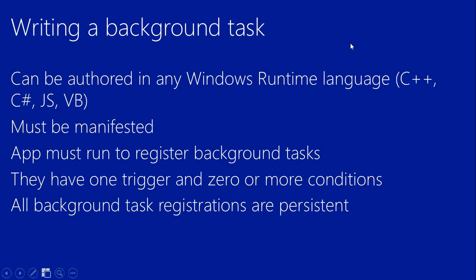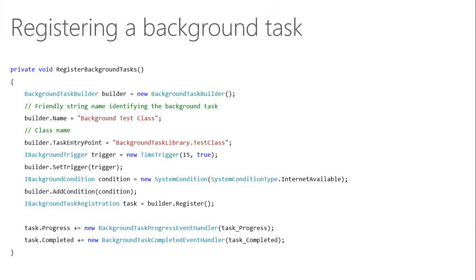So this is about background tasks, the languages you can use, the declaration that you have to do in the manifest, how you can have exactly one trigger and 0 or more conditions, and how background task registrations are persistent. Let's look at this slide which has some code on it.